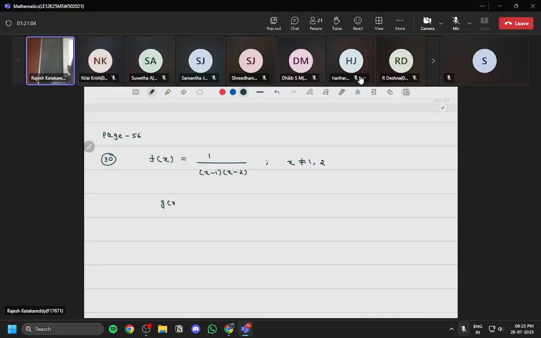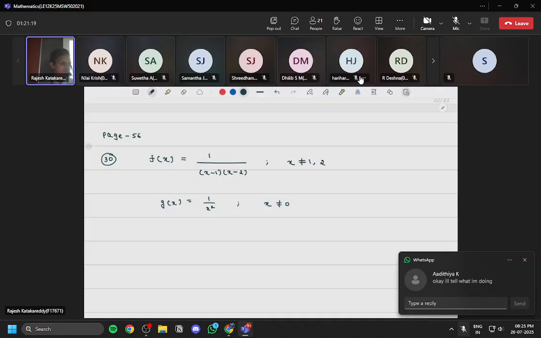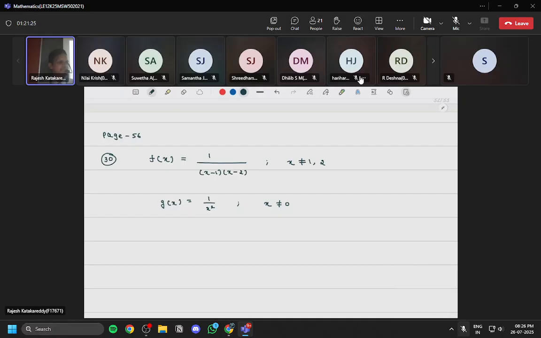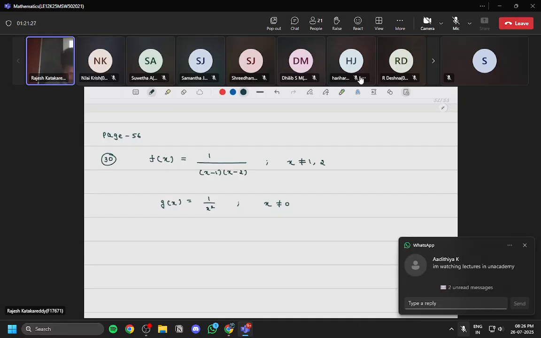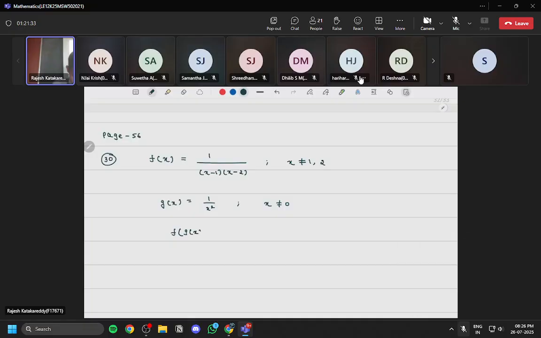Function g is given 1 by x square, x not equals to 0. Before solving this, let me recall, if there is any point not there in the domain, for example tan x at pi by 2, tan will be discontinuous. So now we need to tell about discontinuous points of f of g of x.